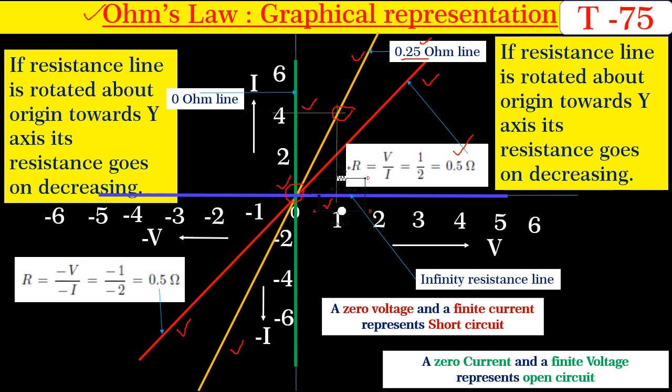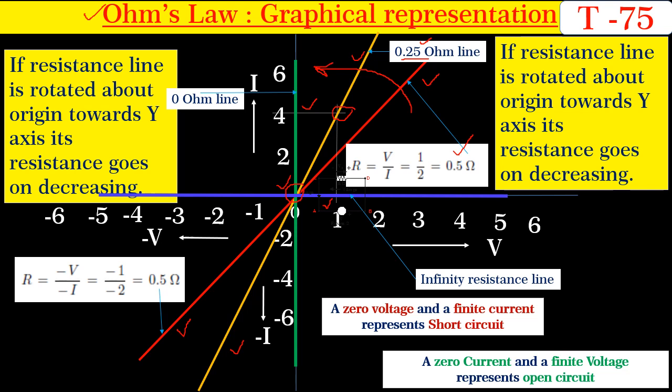Now we shall see what will happen if we rotate the resistance line that we have drawn towards either the y-axis or towards the x-axis. Now, in the first case, if we rotate the resistance line about the origin towards the y-axis, you find that the resistance goes on decreasing.